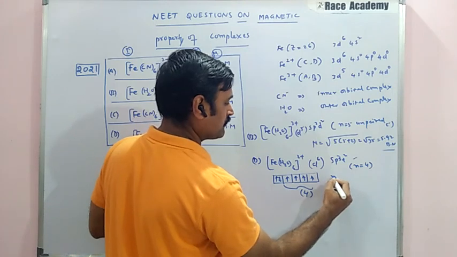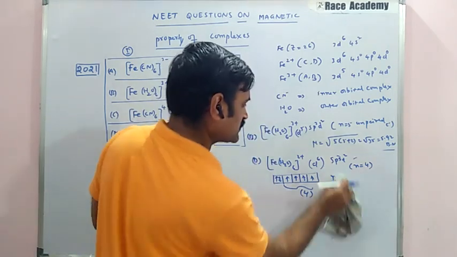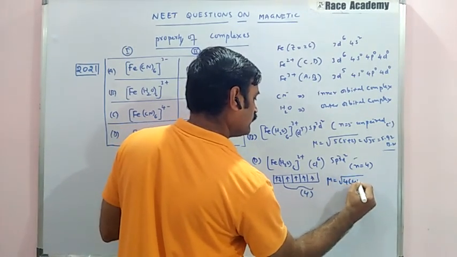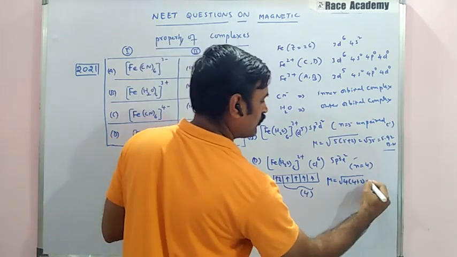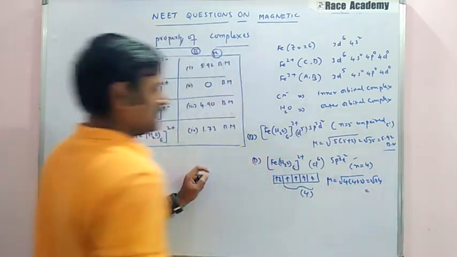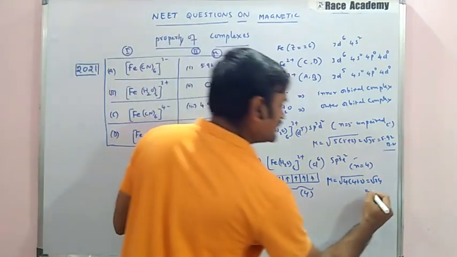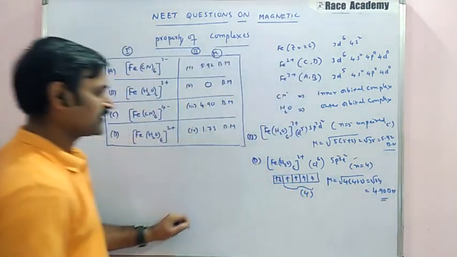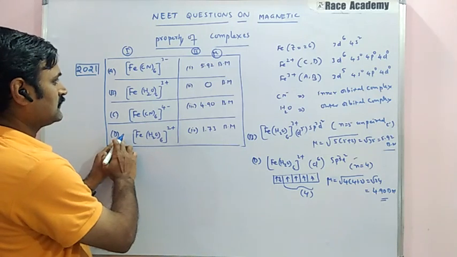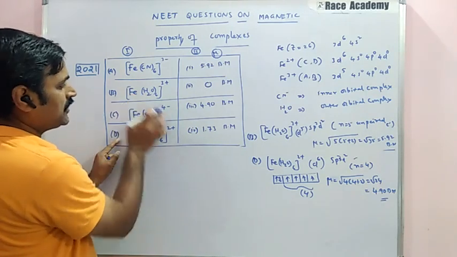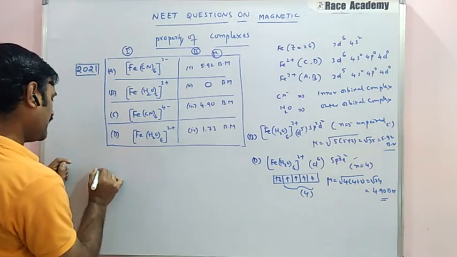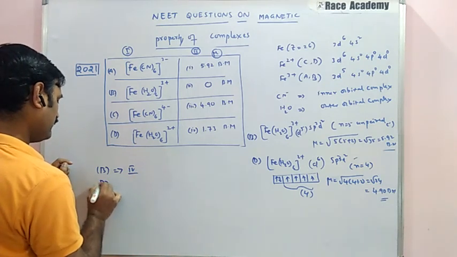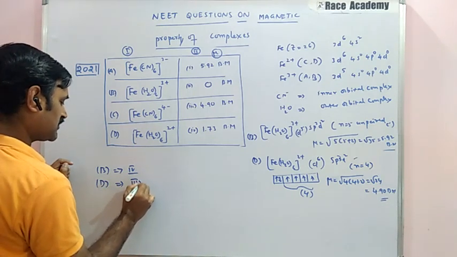So n is 4, and mu is square root of 4 into 4 plus 2, that is root 24, close to 5, so 4.90 Bohr magnetons. So D is 3 and B is 4.